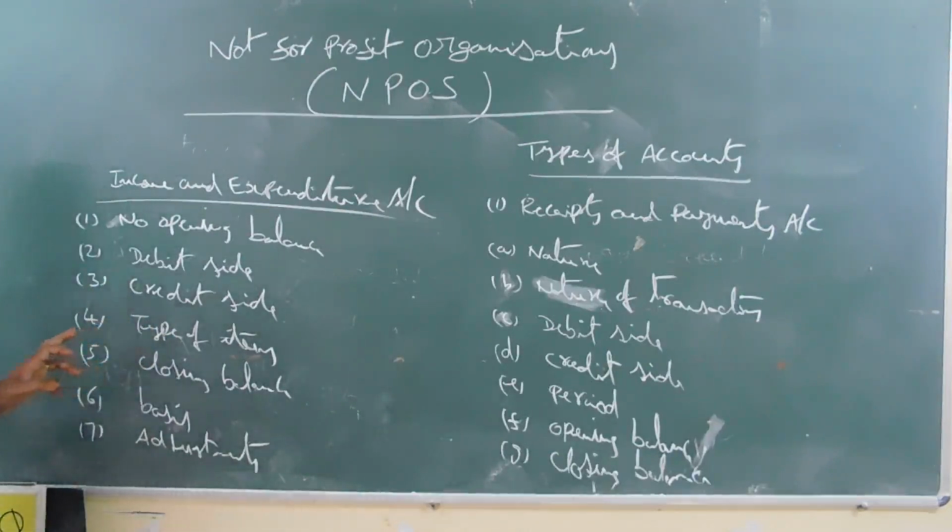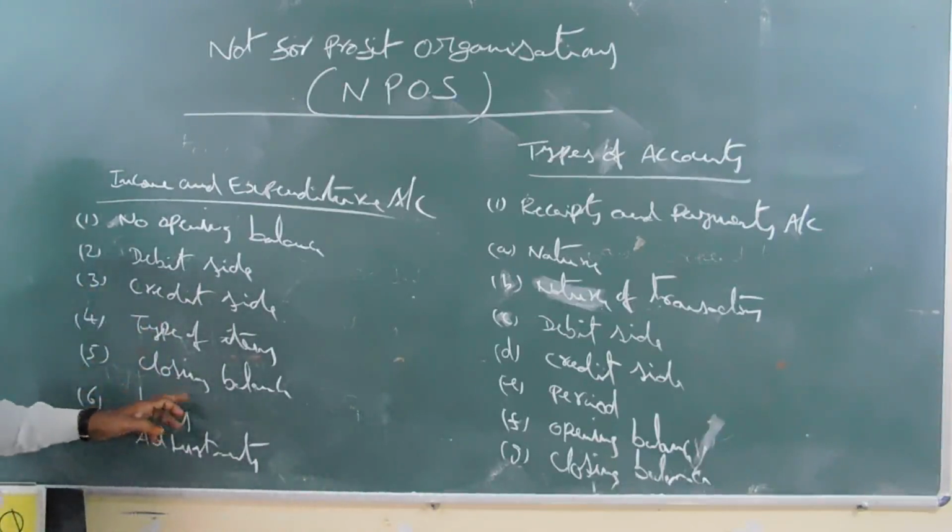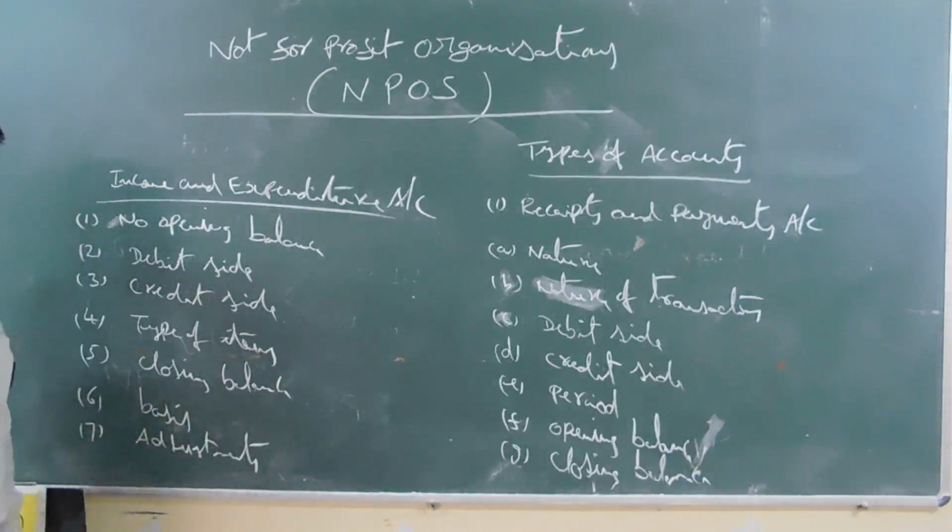Next, type of items. As I stated earlier, it shows only revenue items. Next, closing balance. The closing balance of this account may be surplus or deficit. So surplus is also known as excess of income over the expenditure. Surplus arises if the credit side total exceeds the debit side total, then the balancing figure is said to be surplus.